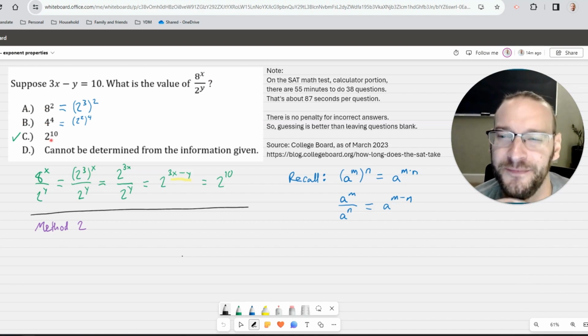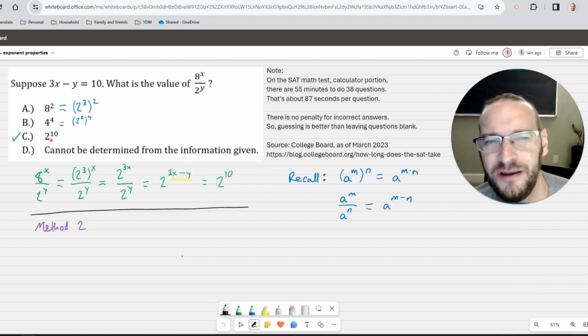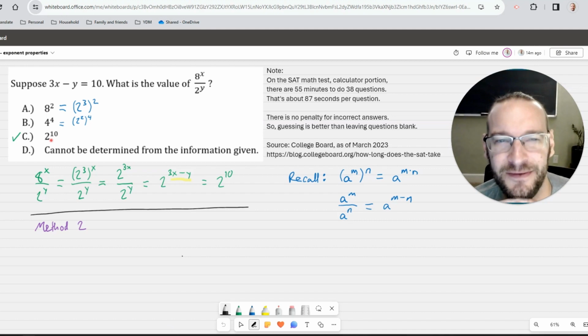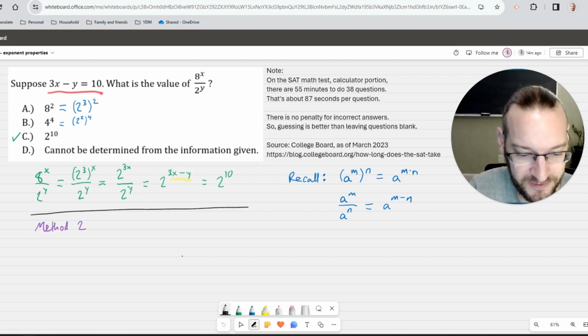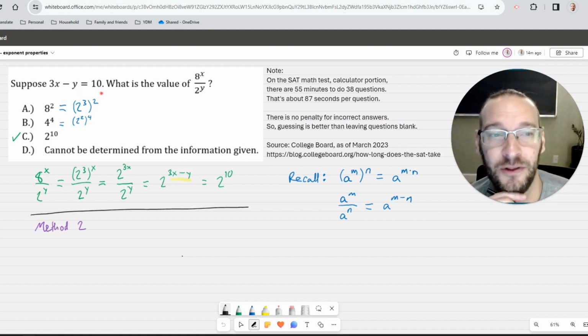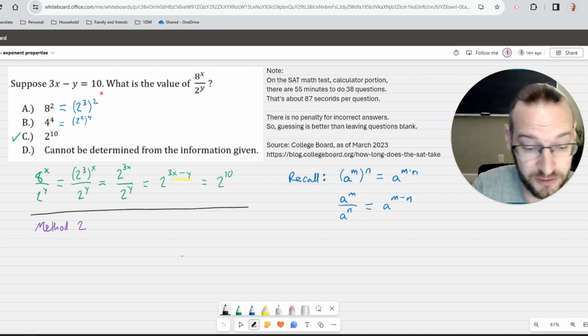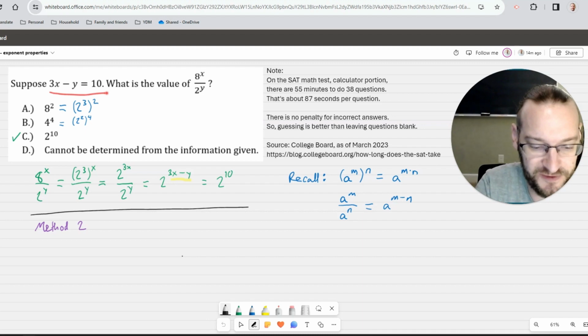So if either A or B or C is correct, then whatever answer it is must be correct for any pair of x and y that satisfy this condition. So maybe thinking along those lines, what we could do is choose arbitrarily a pair of numbers for x and y that make this statement true.